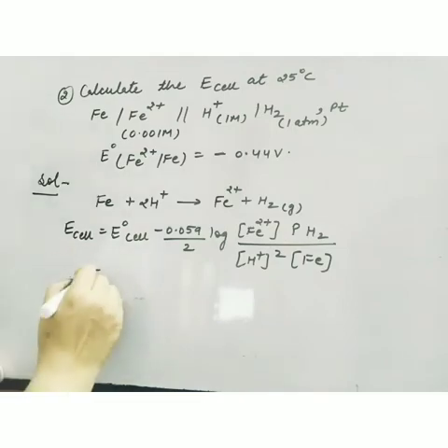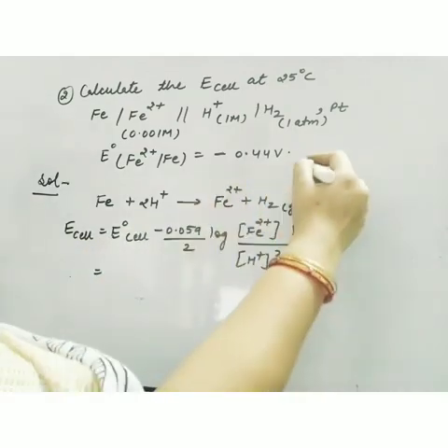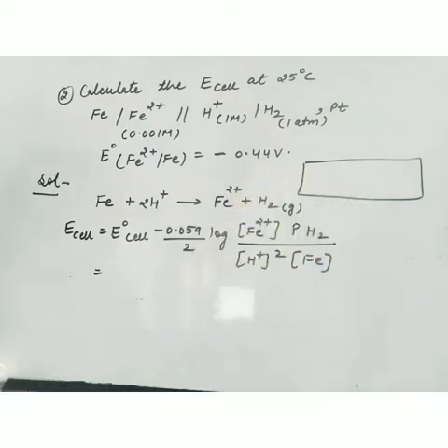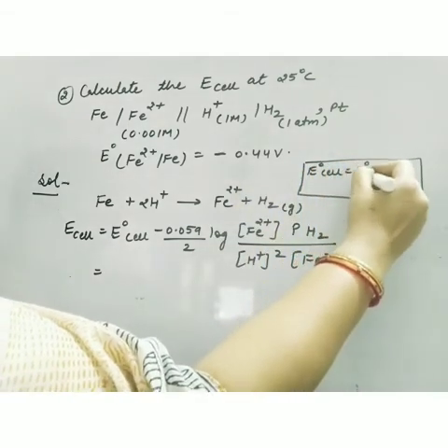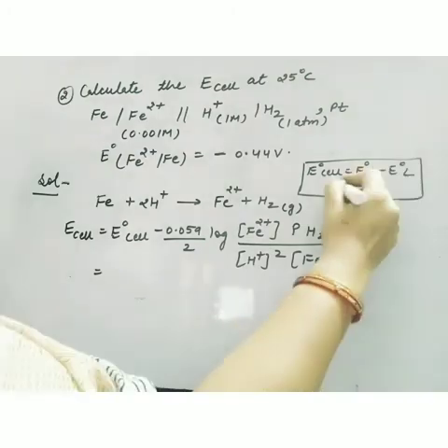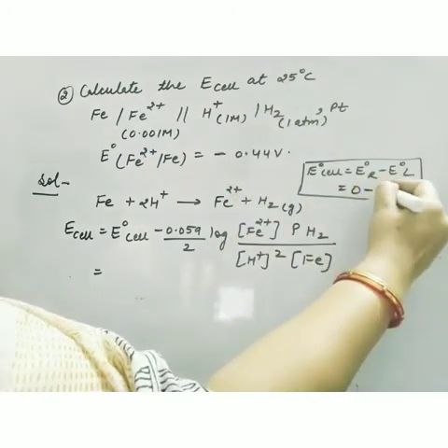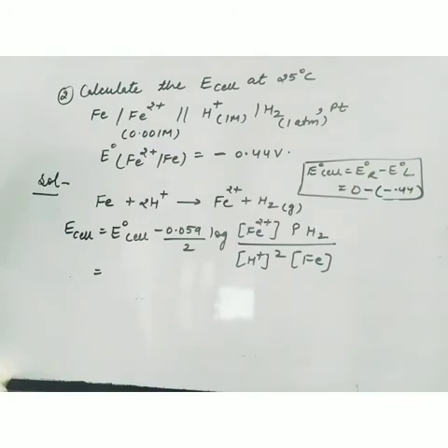Now E naught cell we have to find out, so I will calculate E naught cell here. So E naught cell is E naught right minus E naught left. Right side it is 0 minus 0.44. So it is plus 0.44. n is 2. Charge is 2 here, okay.